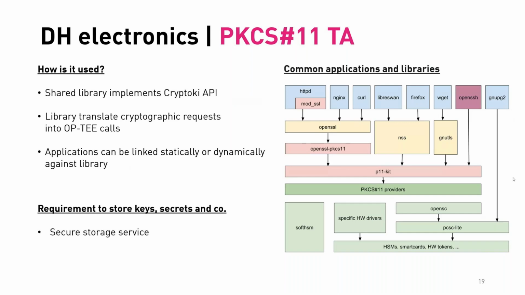This means there's a SO file in Linux as a dynamically linkable object, and the library translates the cryptographic requests into the OP-TEE calls. So this is more or less a proxy between OP-TEE and the PKCS #11 interface. Yes, the custom application can be linked statically or dynamically against the library. Both have pros and cons.